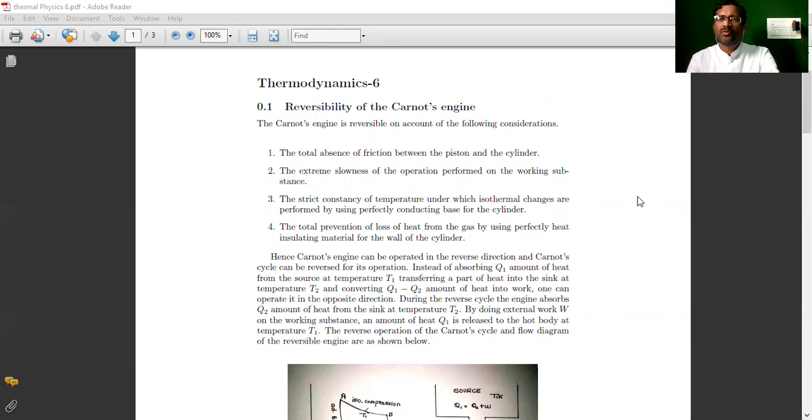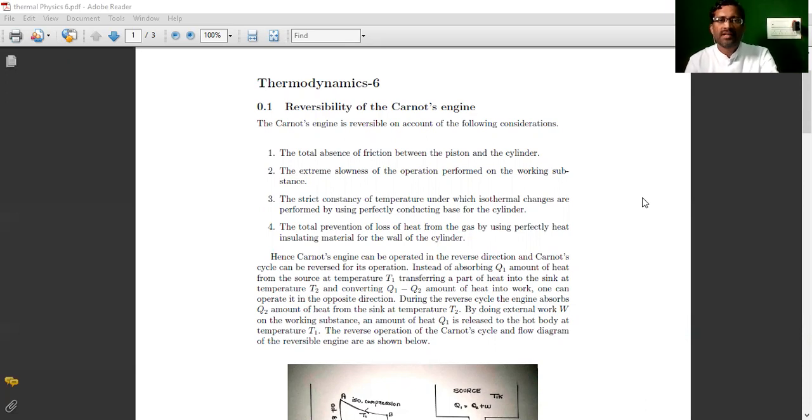Now let us try to understand why the Carnot's engine is reversible. What are the reasons for the Carnot's engine to be reversible? Why is the Carnot cycle reversible? We can quote here around four reasons.